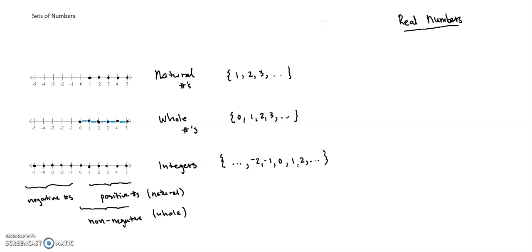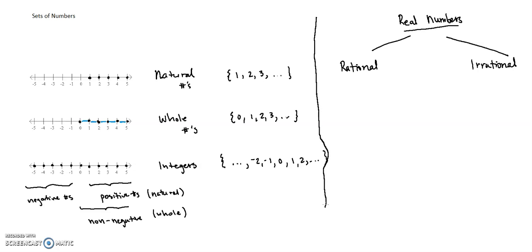All right, so of the real numbers, we can break this into categories. We can have rational and irrational. Rational is defined as all of the numbers in the form P over Q, where P and Q are integers.